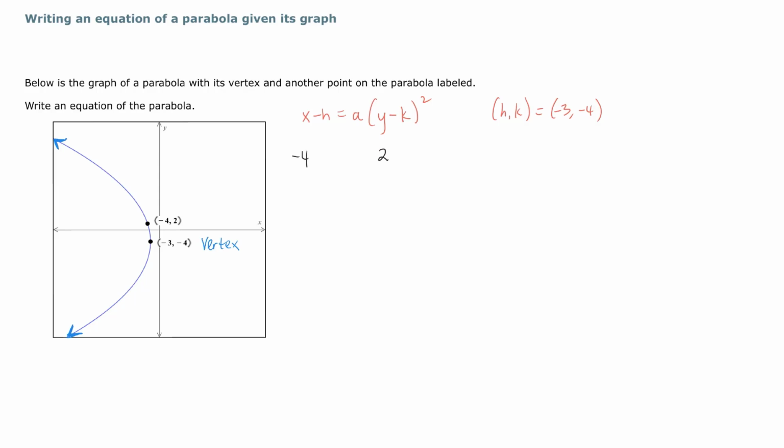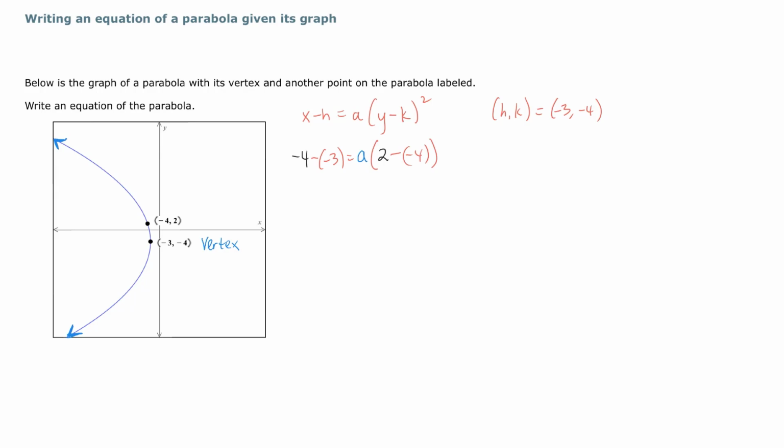And I'm going to subtract an h. Subtract a negative 3 is equal to, I'm going to highlight the letter a there. And then we're going to minus a k, but k is negative 4.